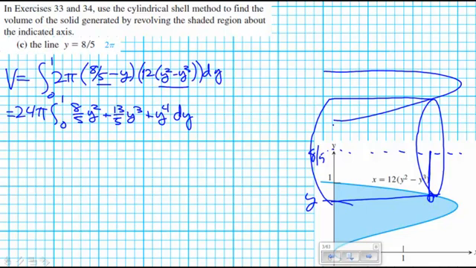All that other stuff got pulled out to the front. 24 pi times the antiderivative here is going to be 8/15 y cubed.